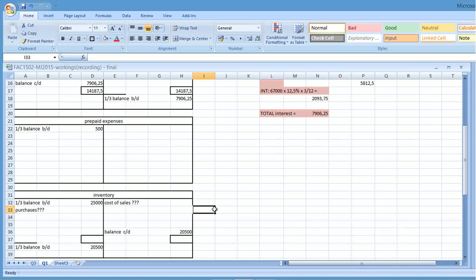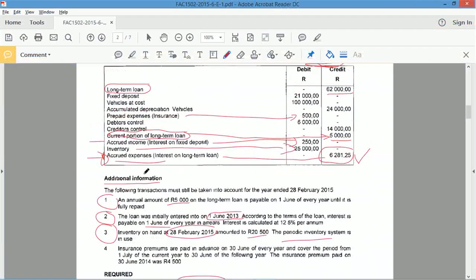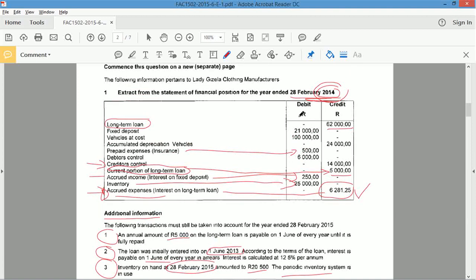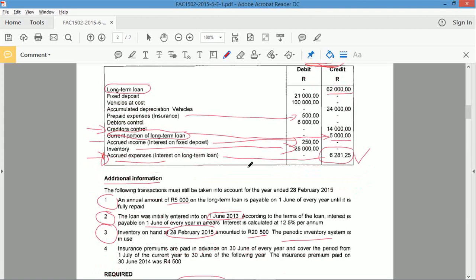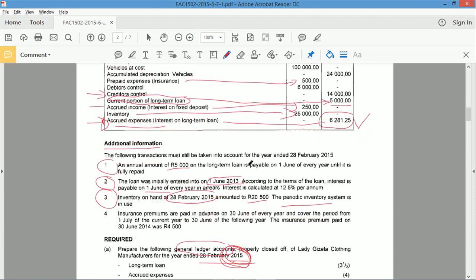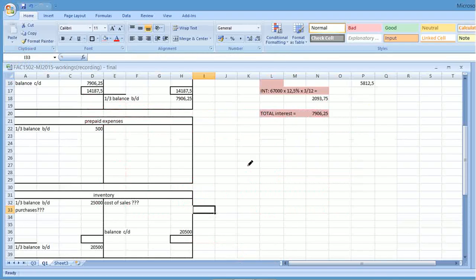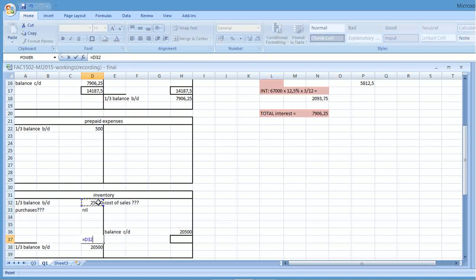What you could do is try to work it out from your creditors if they gave you an opening and a closing balance. Here we only had the opening balance. We didn't have a closing balance for creditors, which is problematic. So looking at that, I'm going to assume that in terms of purchases none were made, and then we would have 25,000 here, 25,000 there, and the balancing figure would be for the cost of sales, indicating this minus that.